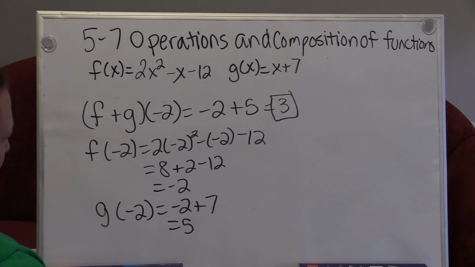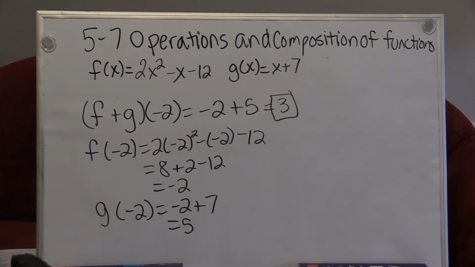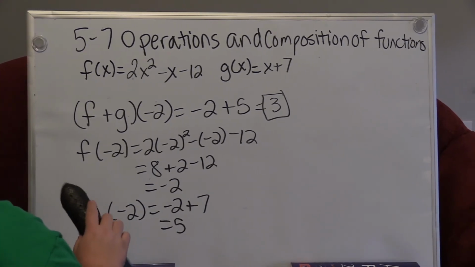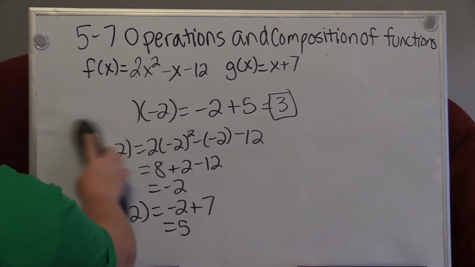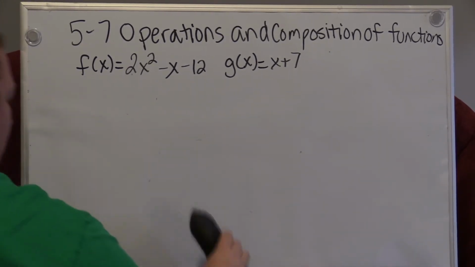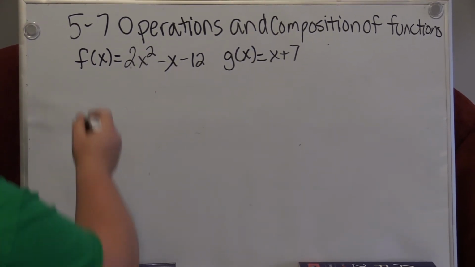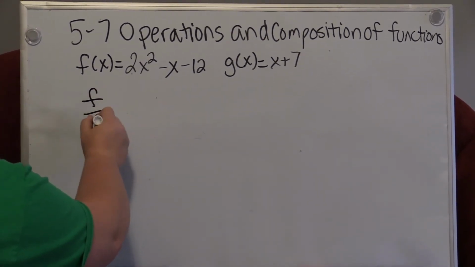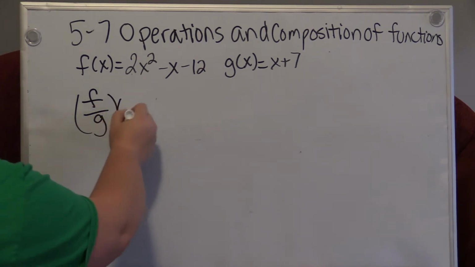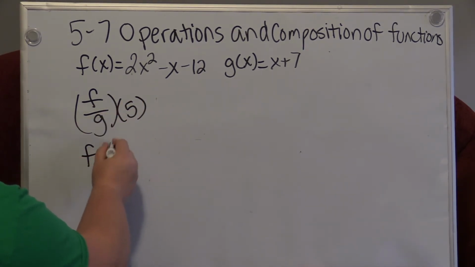Now I'm going to try one out with a fraction, because sometimes fractions trip some kids up, but I think fractions today are going to be okay. So I'm going to find f of 5.